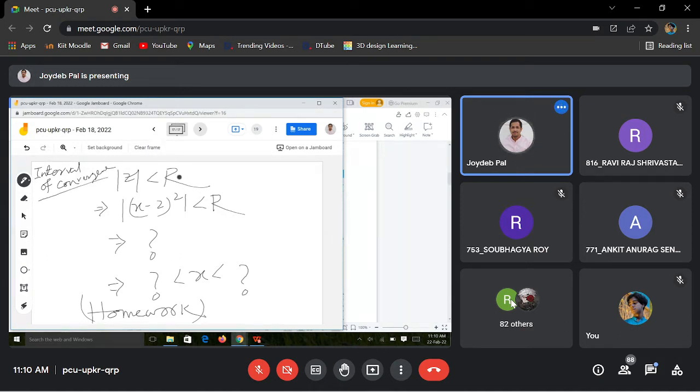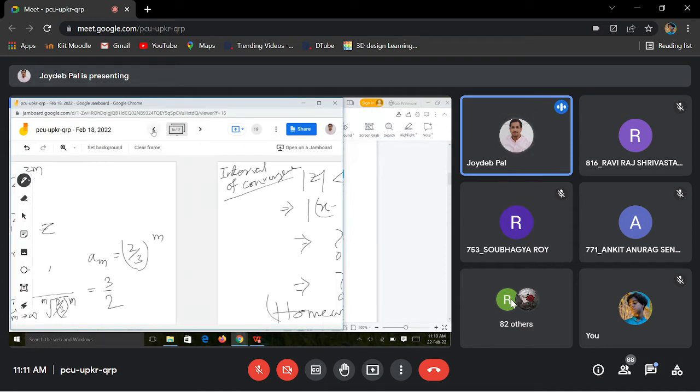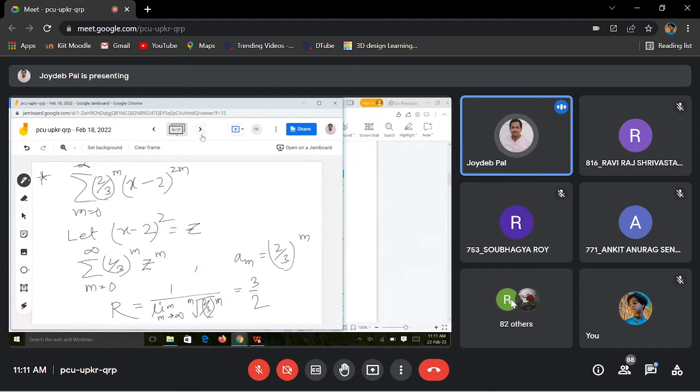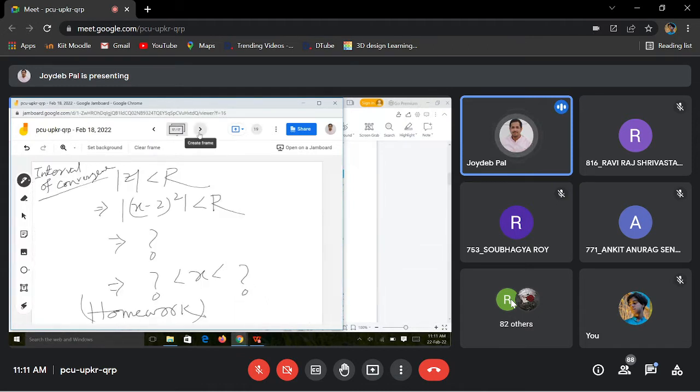Now you have to convert this variable z to x, because initially the series is given in terms of x, and only then do you get the interval of convergence. So z is x minus 2 whole square. So modulus of (x minus 2) whole square is less than r.